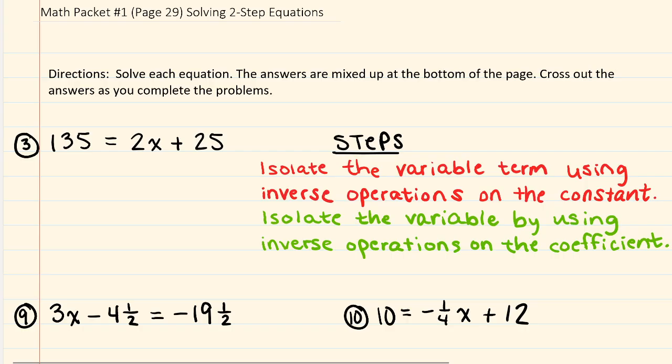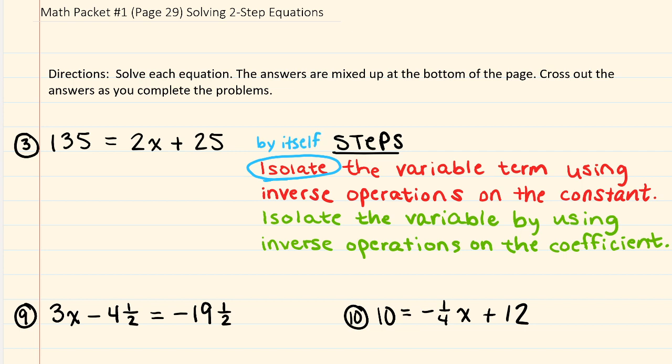Okay, so let's read the first step. Isolate the variable term using inverse operations on the constant. If you don't know what any of those words mean, then you're going to be really confused. So isolate, if you know what isolation in prison is, then that means to get it by itself. So I'm going to say by itself.